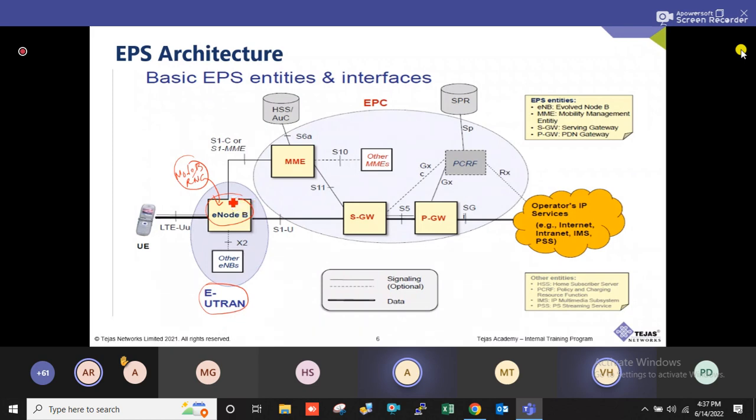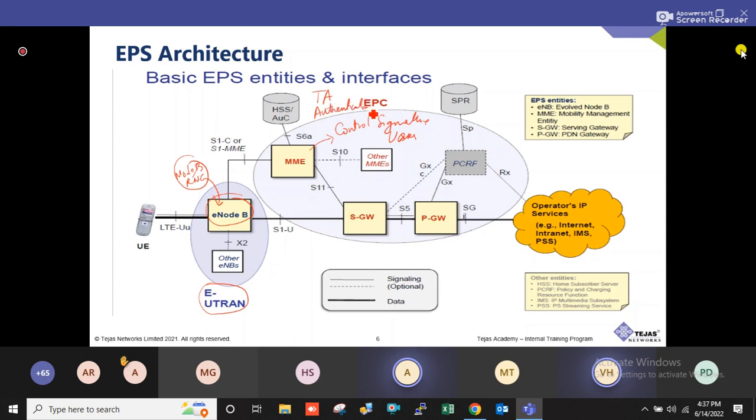On one side, it is connected to the control plane, which is MME, mobility management entity. As we discussed, this is purely taking care of control or signaling with respect to each and every user. It takes care of tracking area, and authentication.